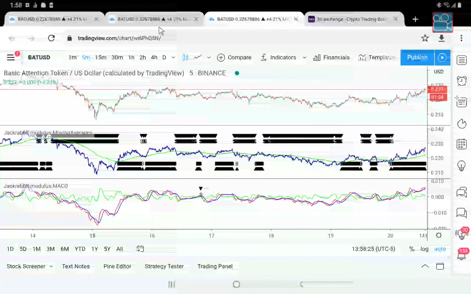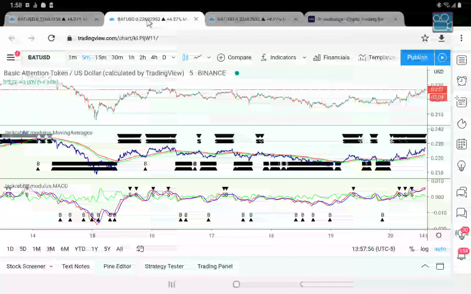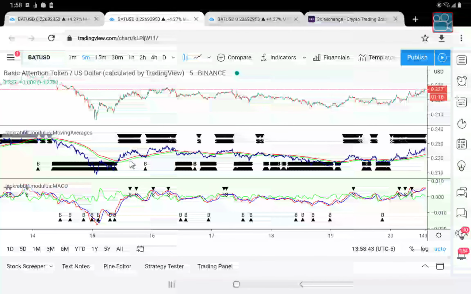For example, you see that it buys when the price action is above the average, and it sells when the price action is below the average. That is completely opposite to normal trading paradigm.